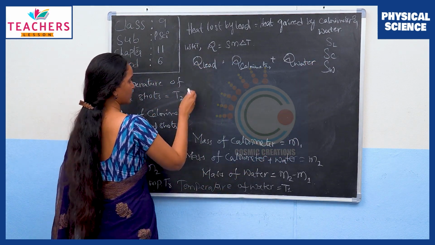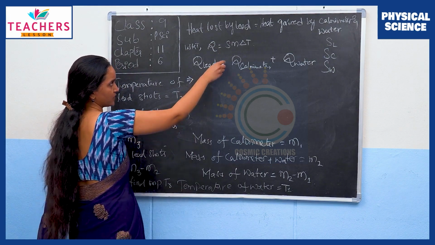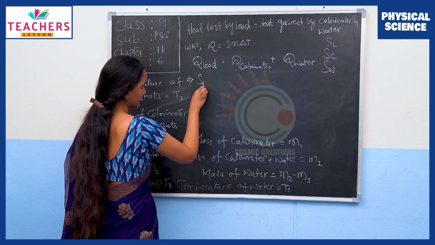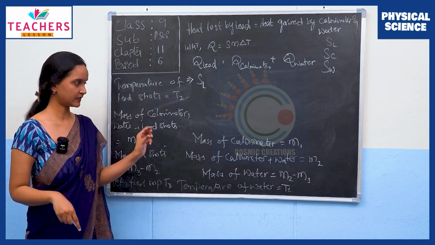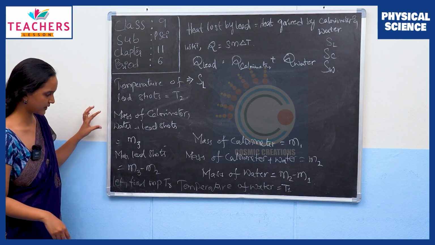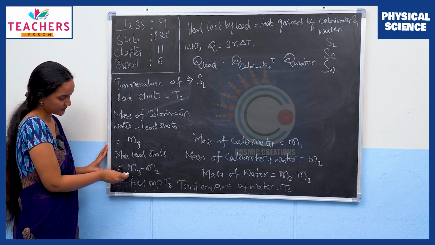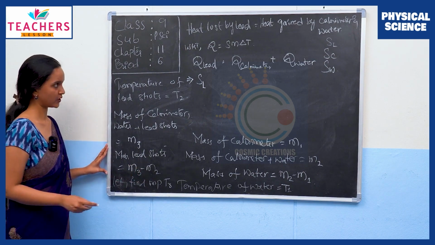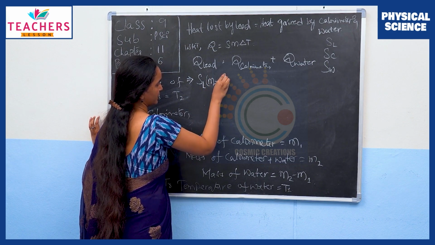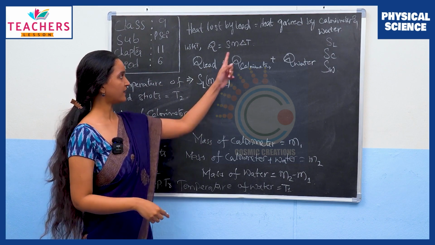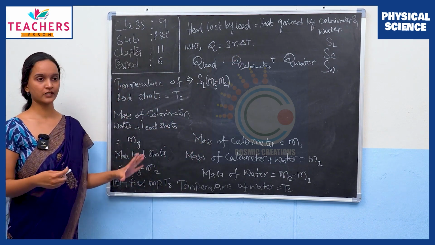Right? Now, from the equation, Q of lead is equal to specific heat of lead, mass of just lead. What is it? We have derived it here. See, mass of the lead shots equals M3 minus M2. I'll write the same thing, M3 minus M2. And then we have temperature change. Now, how did the temperature for lead shots change?